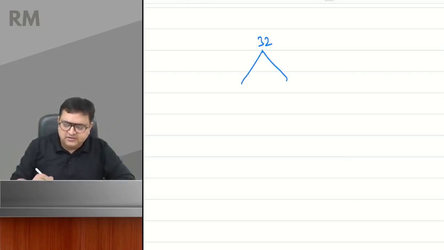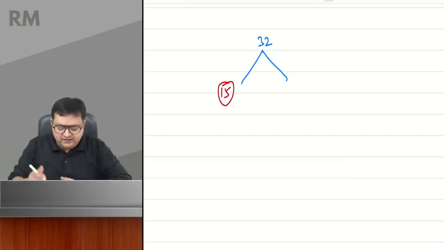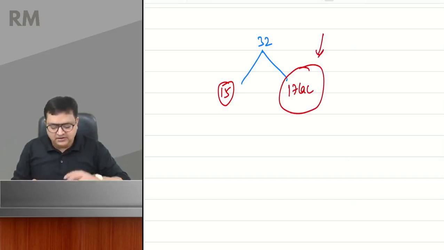Please see. Let's say I tell you to compute your tax on 32 lakh, default regime. Correct? So what you should do is, keep the first 15 aside. In excess of 15, more than 15, 17 lakh, keep it other side. Understood this much? Yes or no? I need your confirmation.